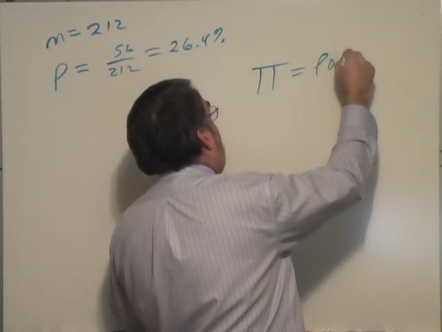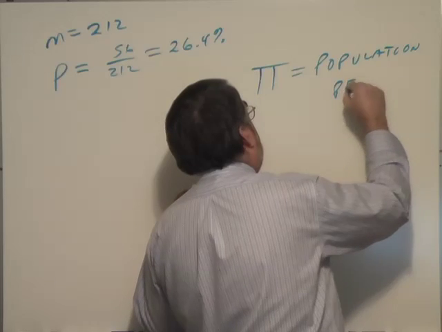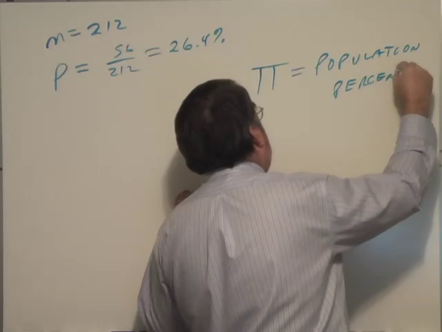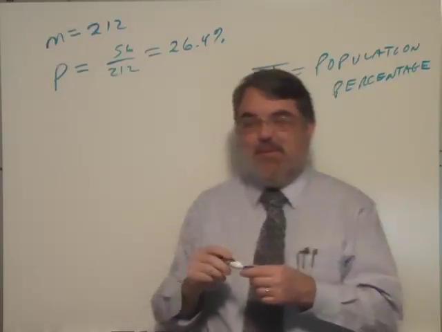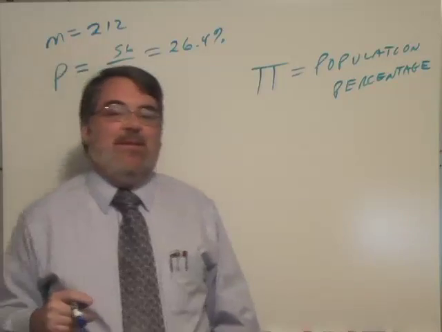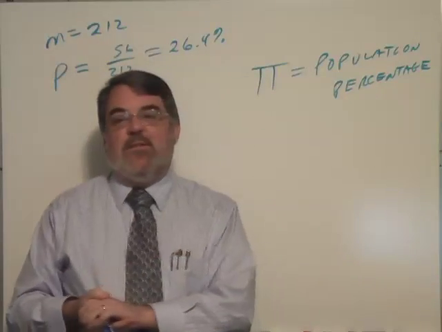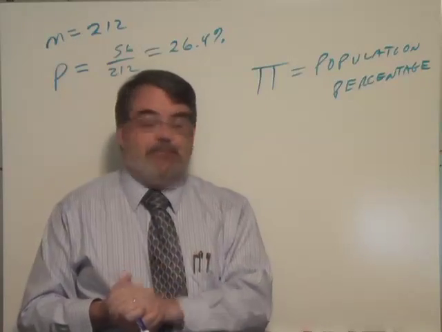So that stands for population percentage. I'm going to change my Greek letter. We're going to be estimating capital Pi instead of Greek letter mu. Population percentage is what we're estimating from this little sample.